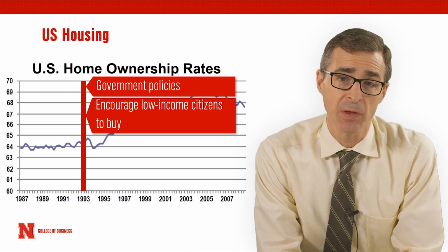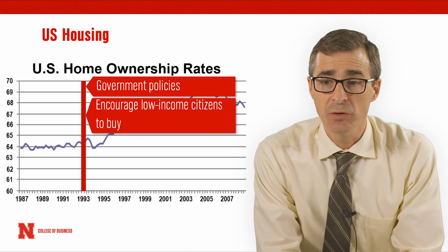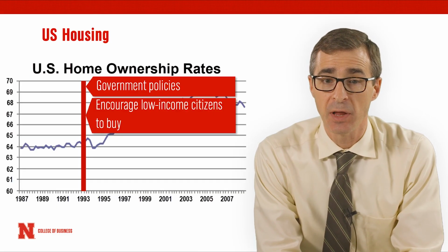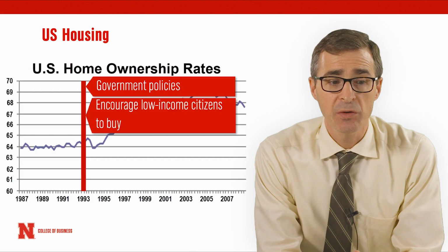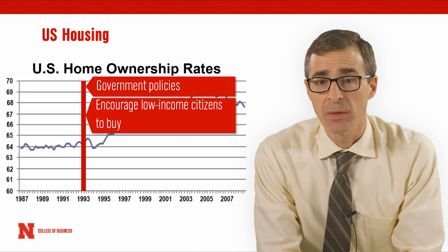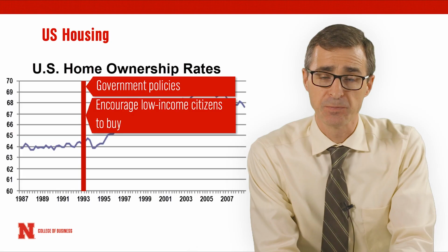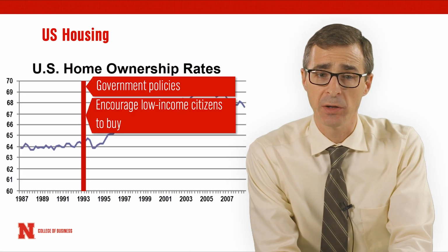One of the ways that they did that was by reducing some qualifications for borrowing from government-sponsored lenders like Fannie Mae. So there was a period there where policies were put in place that made it easier to buy a home, easier to take out a loan for the home.